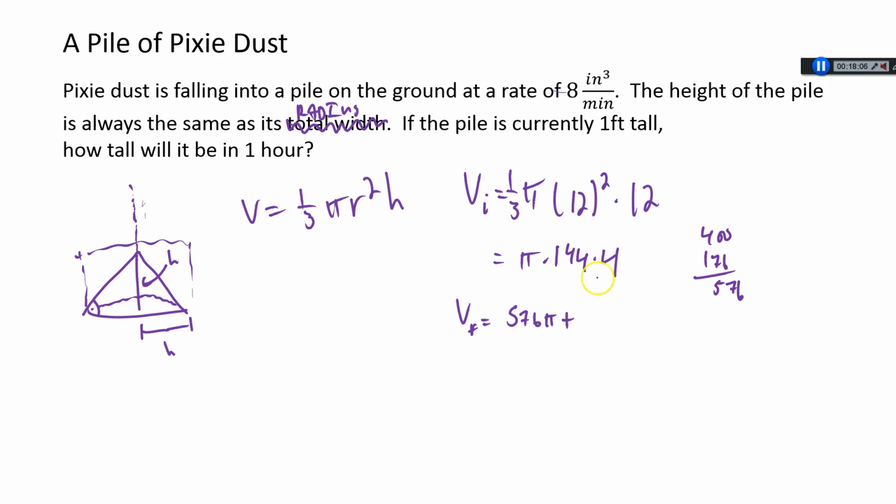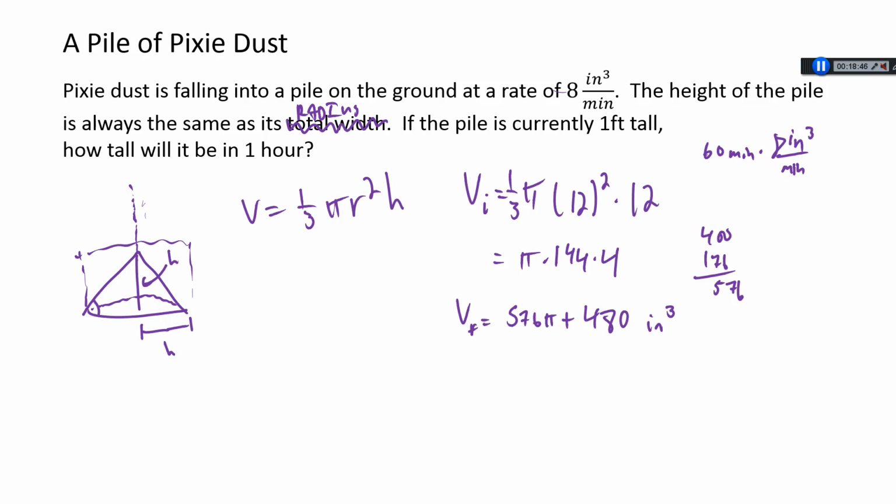And then I'm going to add to that the amount that's going to fall in that 1 hour. 1 hour is 60 minutes, so in that hour we're going to get 60 minutes times 8 cubic inches per minute. 6 times 8 is 48, so that's 480. So we're going to add 480 more cubic inches. We started with 576 pi, and we add 480 because it's dropping at 8 cubic inches per minute.